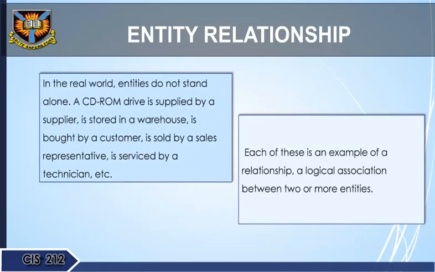In the real world, entities do not stand alone. A CD-ROM drive is supplied by a supplier, is stored in a warehouse, is bought by a customer, is sold by a sales representative, is serviced by a technician, and so on. Each of these is an example of a relationship, a logical association between two or more entities.